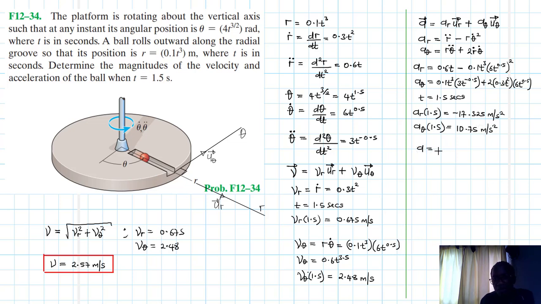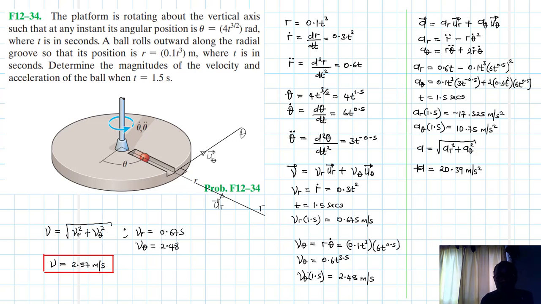Then we have acceleration itself, which is the magnitude. The two are perpendicular, so we can use Pythagoras theorem. So this should be equal to 10.75 squared plus 17.325 squared, square root of that, we have 20.39 meters per second squared.